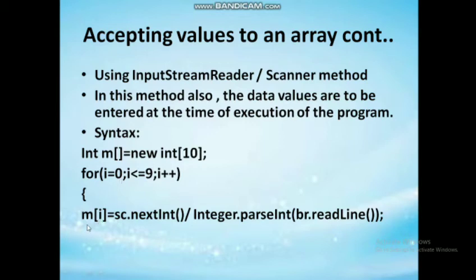Then the next time it runs, the second element will be stored in m[1]. Then the third element will be stored in m[2], etc., and the last element will be stored in m[9].